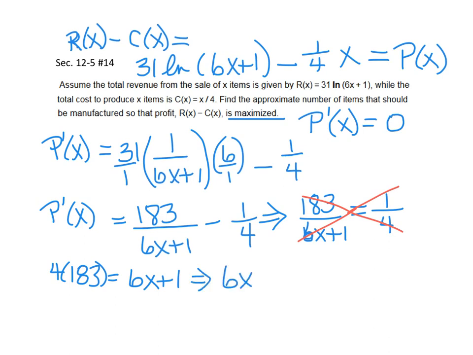Then we will have 6x is equal to whatever 4 times 183 is. It's 732 minus 1, which is 731. And 731 divided by the 6 in front of the x is 121.8333.